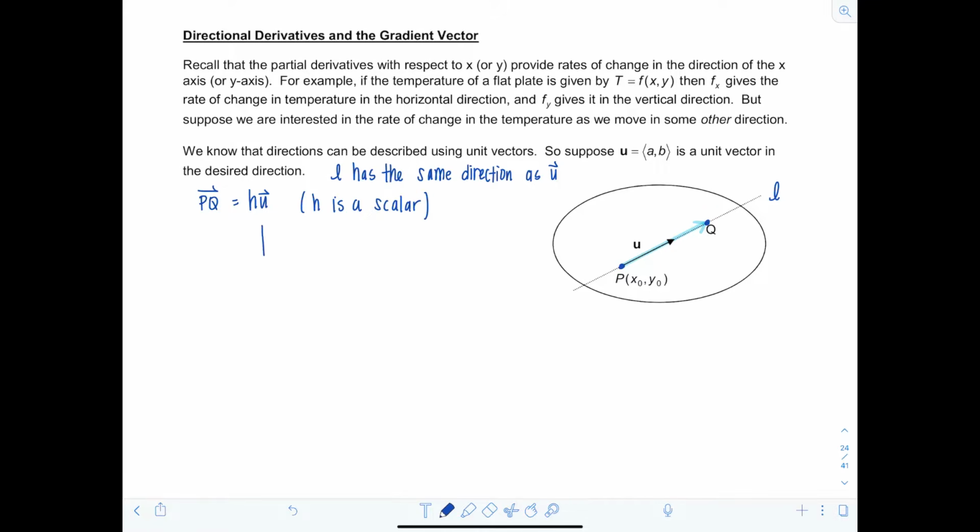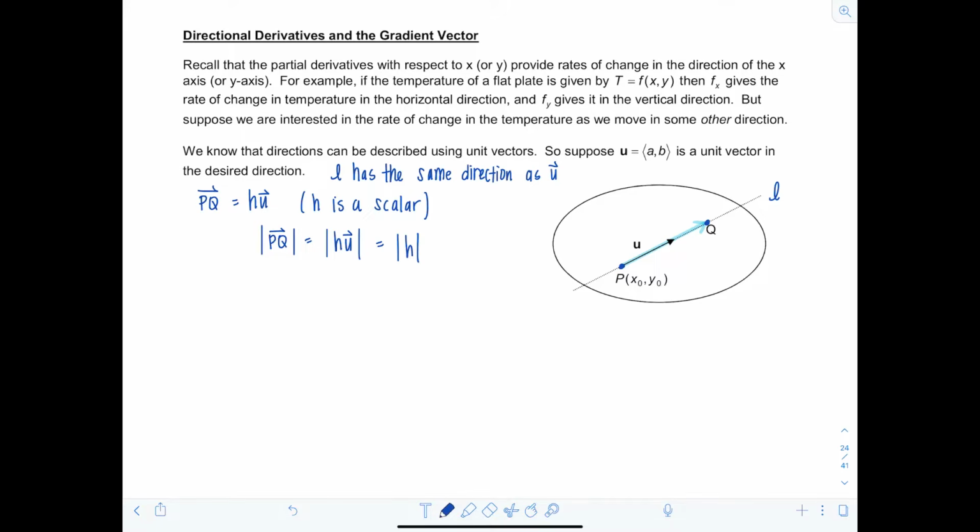If I look at the magnitude of PQ, that equals the magnitude of h times u, which is just the absolute value of h, because we know the magnitude of u is 1.